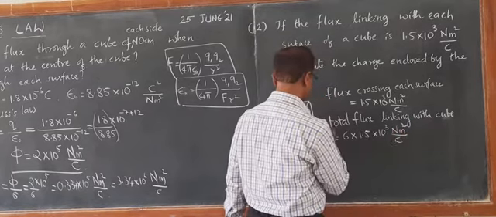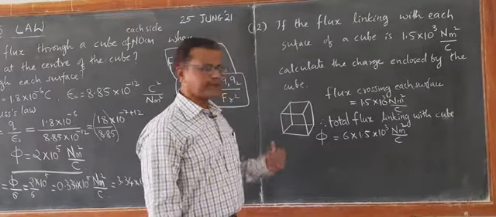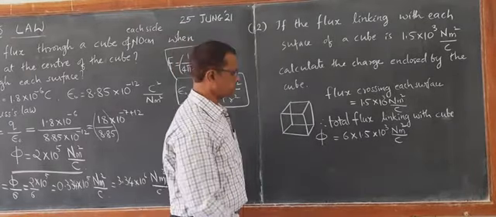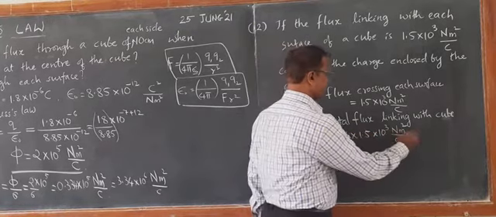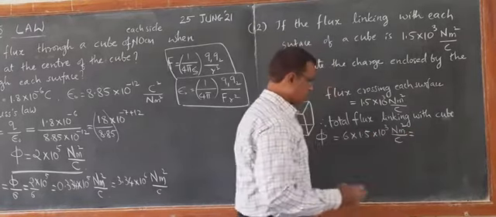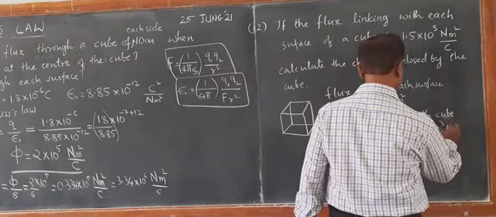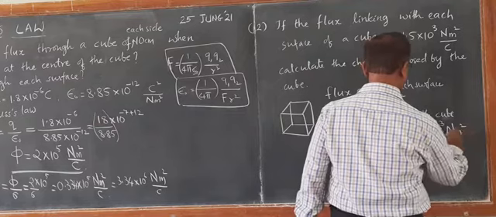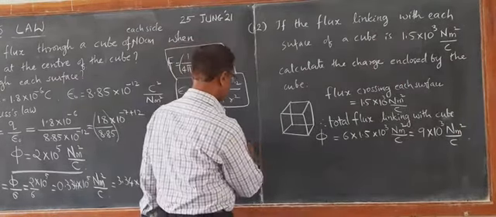This becomes total flux. Once you get the total flux, then we can apply Gauss law. So, 15 sixes are 90. So, it becomes 9 into 10 to the power of 3 Newton meter square per coulomb. Right? Using Gauss law.